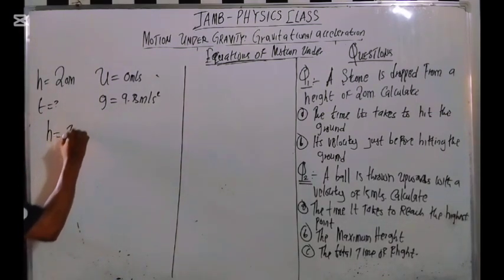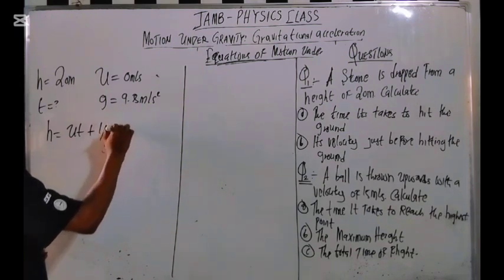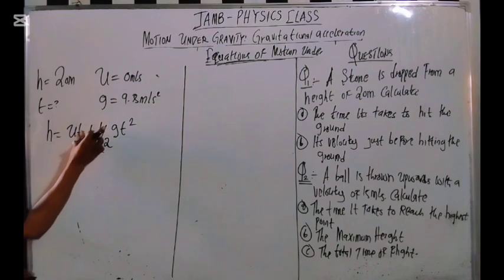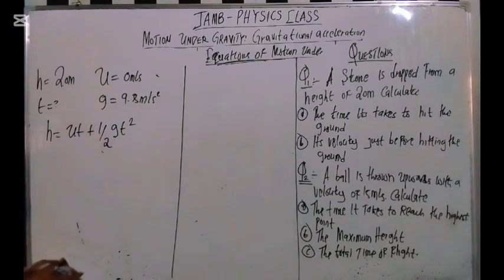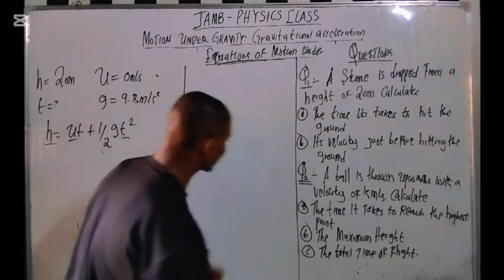Then let's look at the second one: h equals ut plus half gt squared. Here is my height, and here is my initial velocity. They're asking us to calculate the time, so we can use this equation of motion.